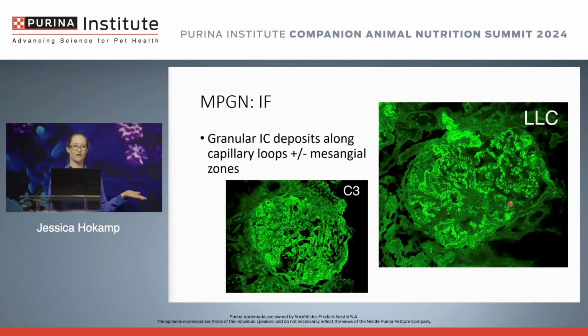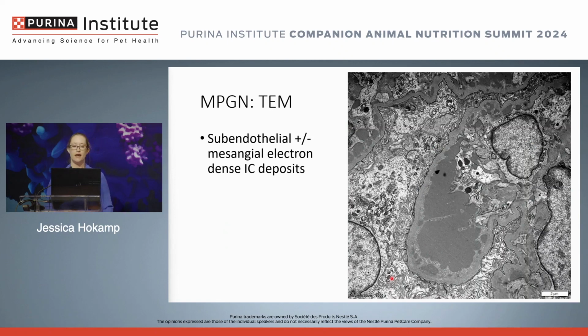And therefore we need our famous immunofluorescence to look for those granular immune complexes. Compared to MGN, now we not only have these immune complexes that are lining the capillary loops, but they're also frequently within the mesangial regions, the mesangial zones. And we will see immune complex deposits that are subendothelial.